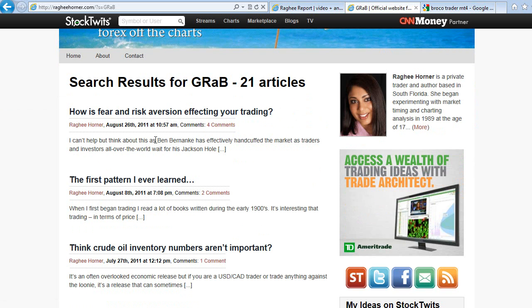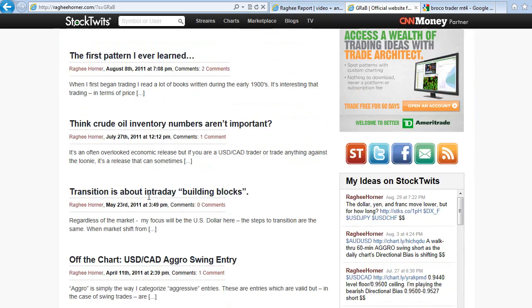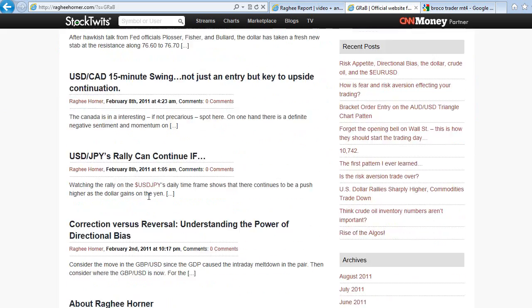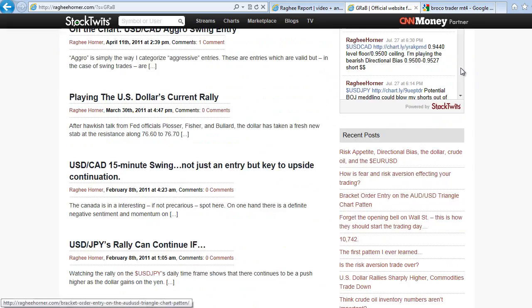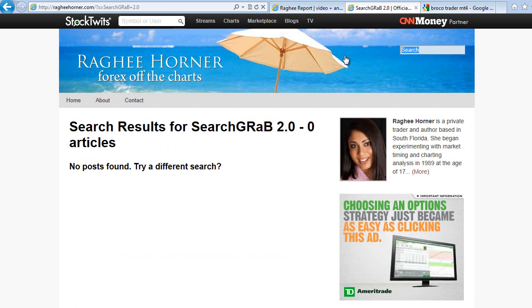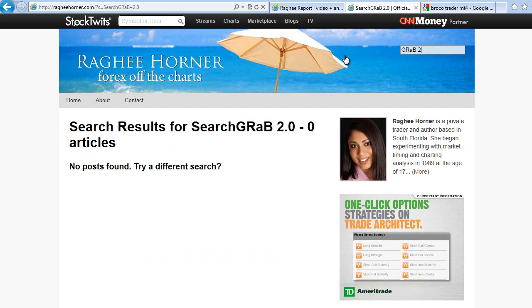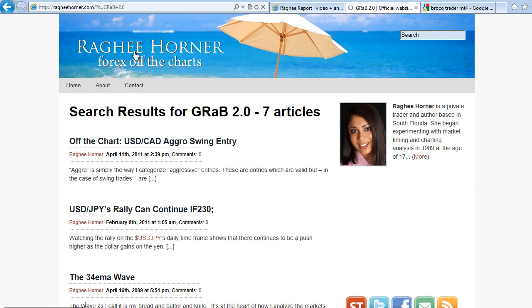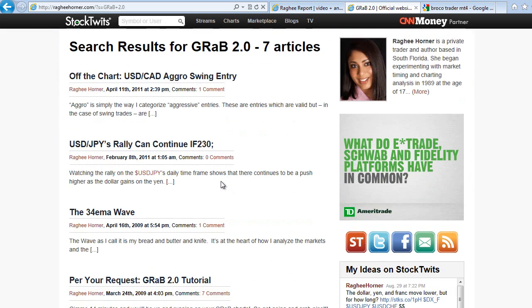I think you can do Grab 2.0 or Grab and you'll get the download here somewhere. Be nice if it was working for me. I'm pretty sure it's a Grab 2.0 search. There we go. So Grab 2.0, and there we go.